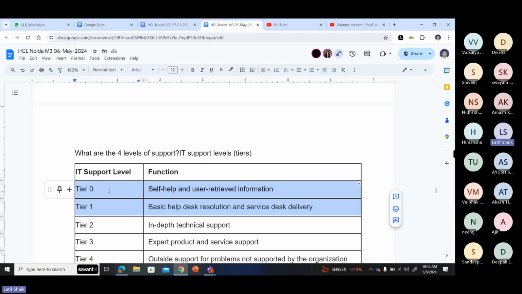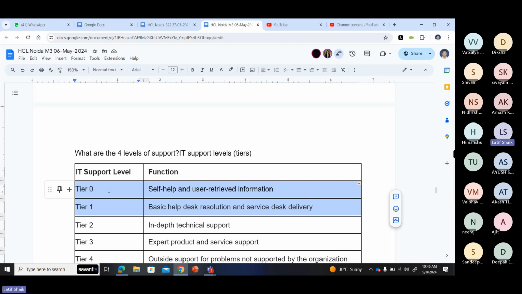Basic understanding is important because whenever a user, client, or customer raises an issue or asks for information, the service desk person has to understand the customer's requirements. Based on that, he can support at a basic level. If the issue is higher than that, he can escalate it to the higher departments like level 2 or level 3.